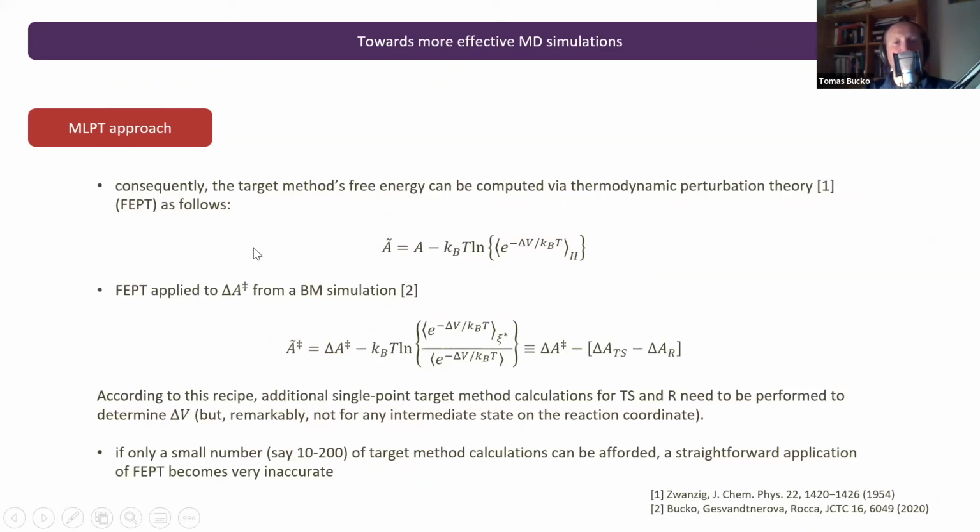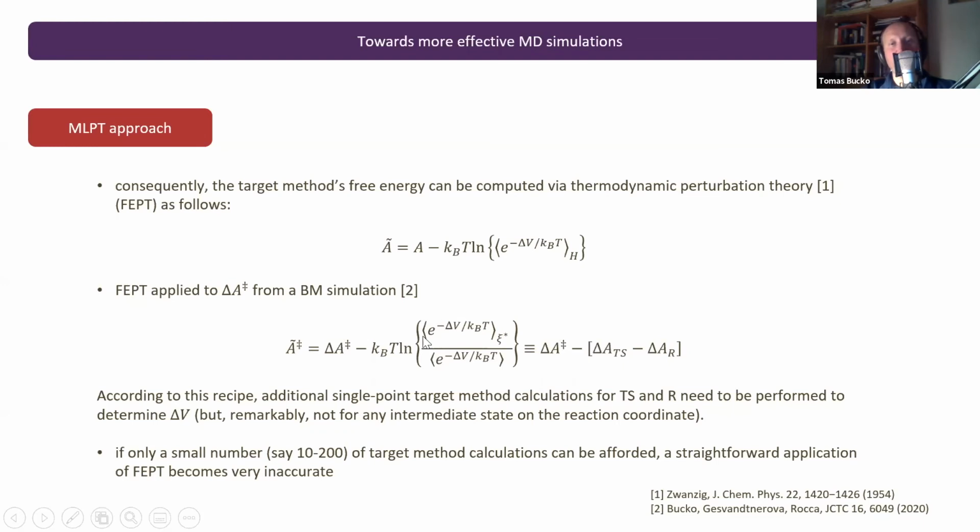Okay, so having an expression for the partition function, you can plug it into the definition of Helmholtz free energy, and this is what you get. This is a relation between target and production method free energies plus a correction term. Now, this is the idea from the 1950s, free energy perturbation theory, and this level of theory applied to the Blue Moon ensemble method results in this simple expression. Once again, this is the target method activation free energy, the production method activation free energy, plus two correction terms for the transition state.